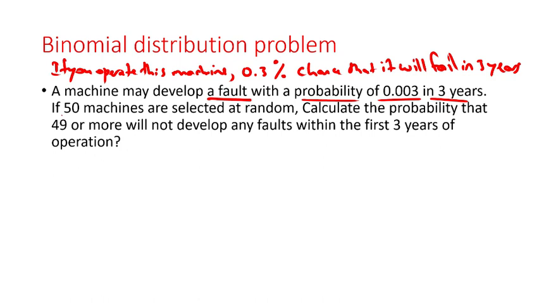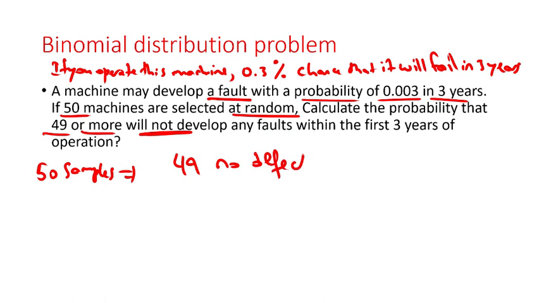If we choose 50 random machines, what is the probability that 49 or more will not develop any faults within the first years of operation? Okay, so we have the 50 samples. 49 no defect means that D is equal to 1, the number of defects. 50 no defect means that D is 0.